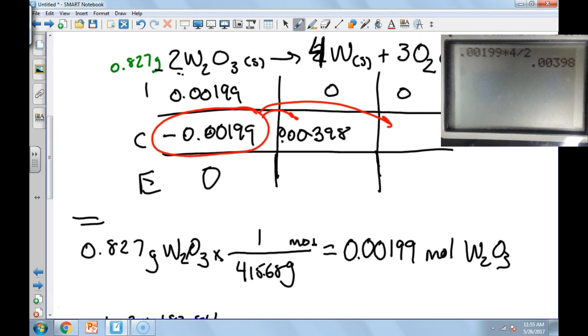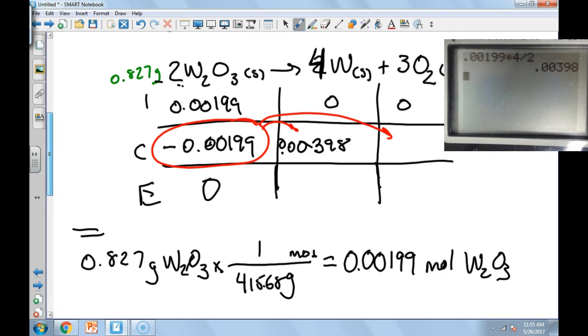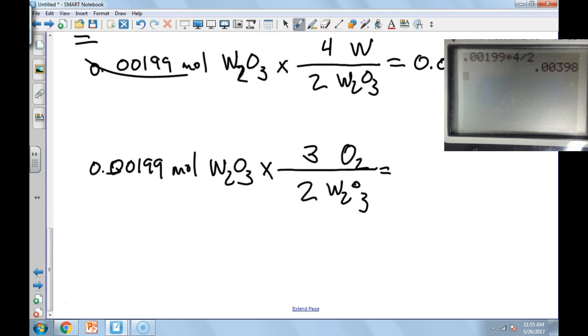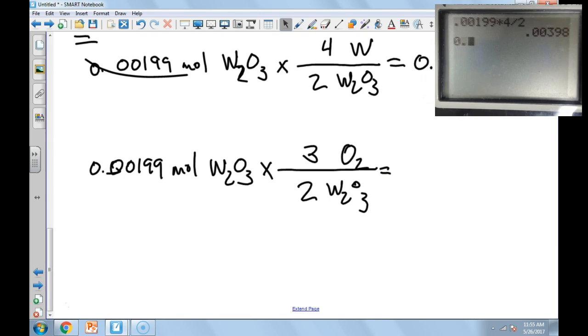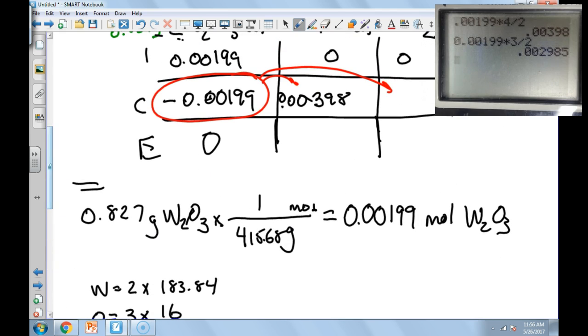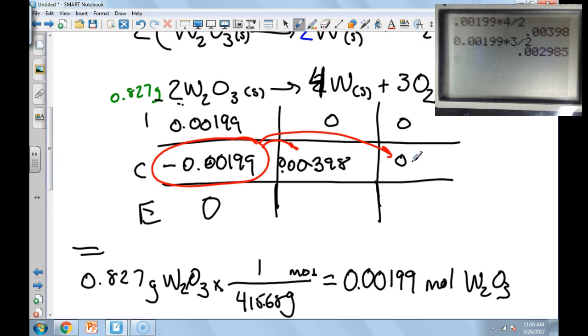Okay, it's hard to see because the calculator is in the way. Okay, so now we can do that math, and we get 0.00199 times 3 divided by 2, and again, we have to round to 3 significant figures. So this is 0.00299, and again, some of you may have been able to see that, others maybe not, but either way, we get the answer here.